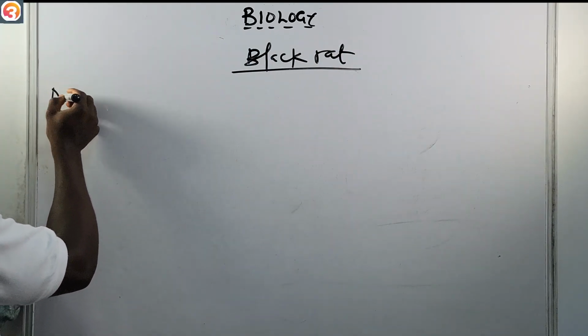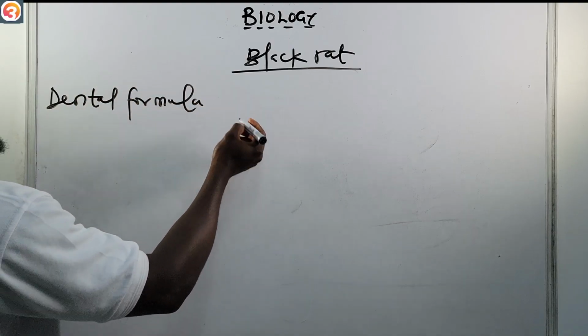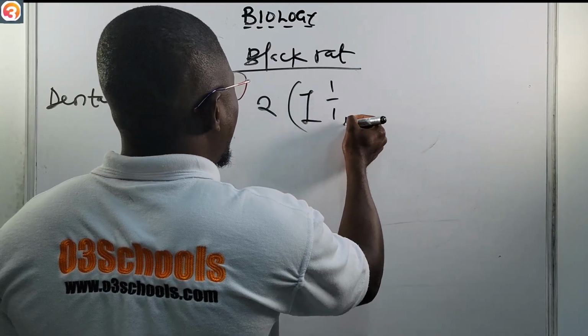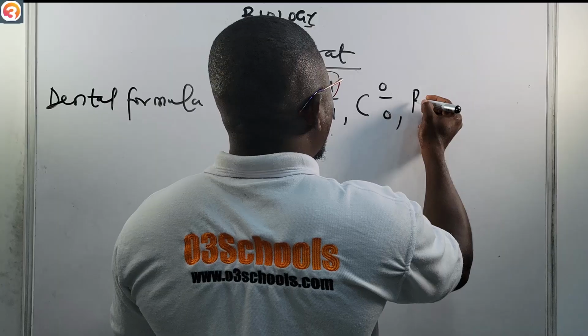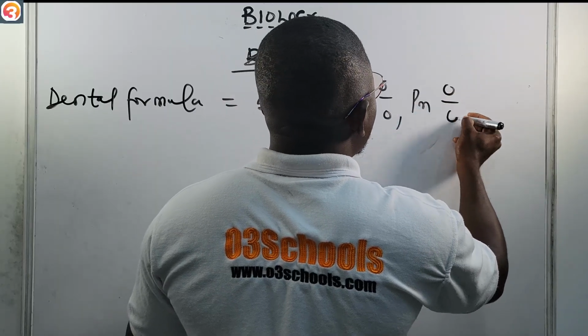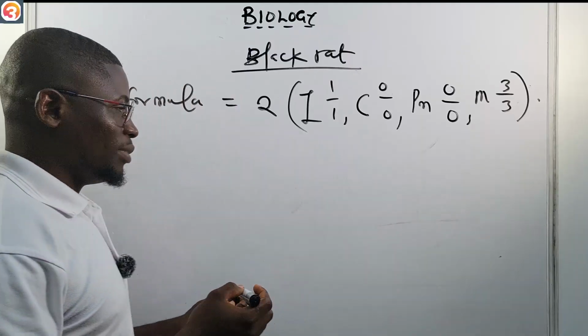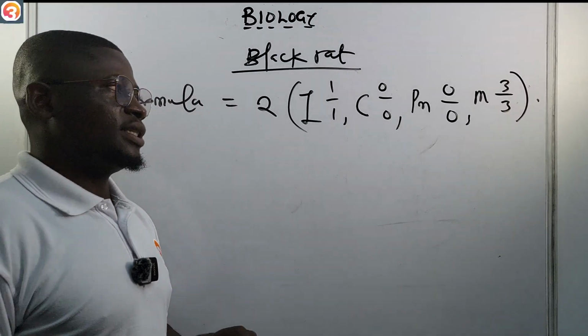Its dental formula is 2 into, for the incisors, 1 over 1. For the canines, 0 over 0. For the premolars, 0 over 0. Then for the molars, 3 over 3. This is the dental formula for the black rat: 1003 over 1003.